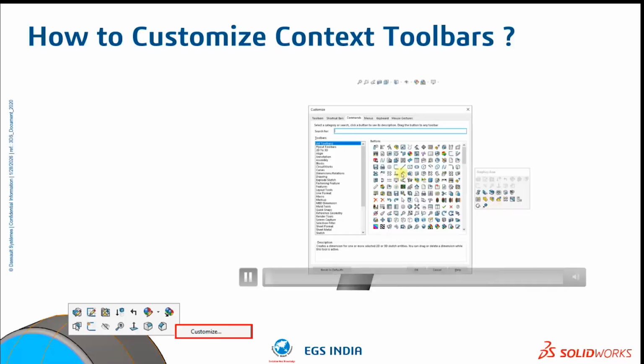You just drag and drop the features whatever you are frequently using in your user interface. You can easily customize it based on the platforms like sheet metal, weldments, whatever platform you are using. Your frequently used tools you can drag and drop and add here.